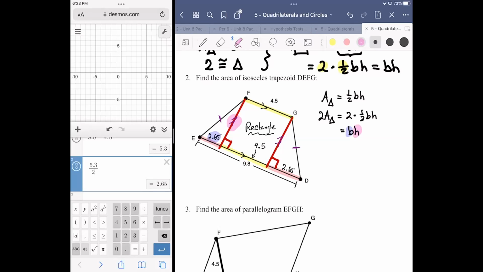Because if I take this triangle here and remove it and flip it around, I would create a rectangle over on this side. So I'd end up with a rectangle area added to another rectangle. Right? So that looks pretty messy, so I'm not going to leave that in there. So long story short, I have to figure out what the length of this side is here in order to make this whole thing work.